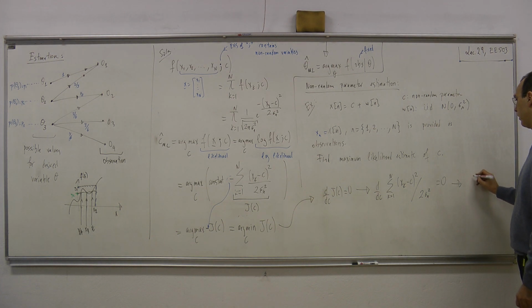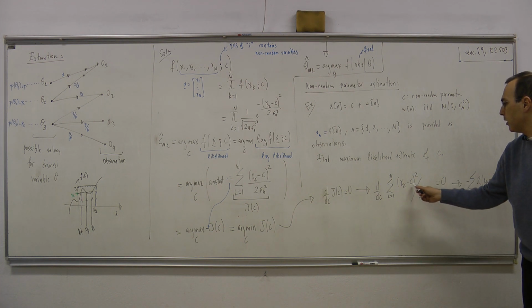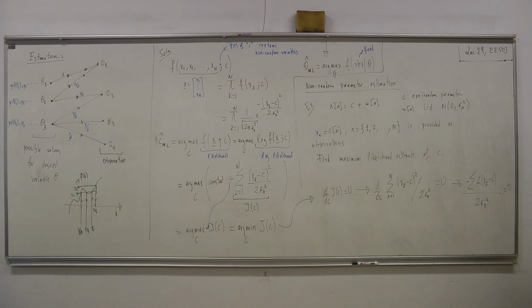So I have the summation of 2 (xk minus c), there is a minus sign also, divided by 2 sigma n squared, equal to 0. If I take the derivative with respect to c, 2 comes as a factor, and there's a minus sign because of the minus c over here. But these terms do not affect anything because they are cancelled by the 0.